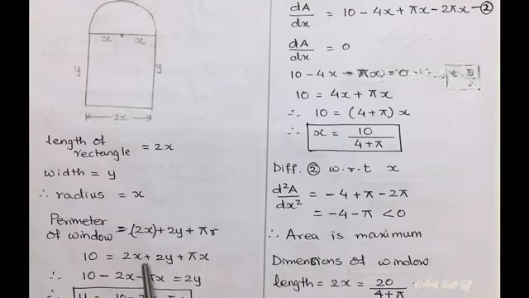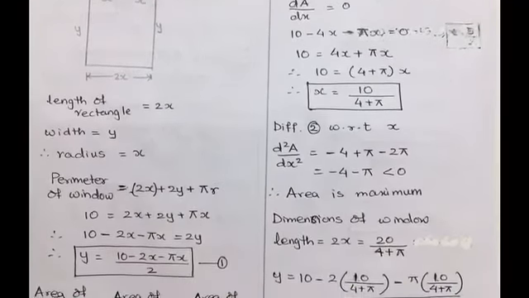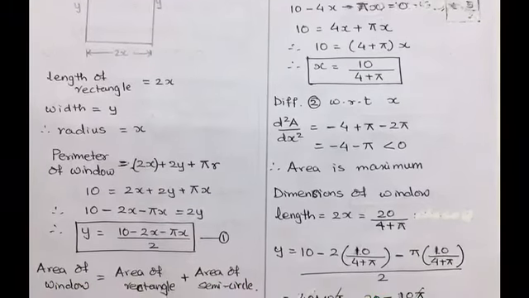So that is equal to 2x plus 2y plus pi x. Now expressing y in terms of x, we get 10 minus 2x minus pi x is equal to 2y. Shifting 2x and pi x to the other side, then making y the subject, we get y equal to (10 minus 2x minus pi x) whole divided by 2. Mark this statement as 1.